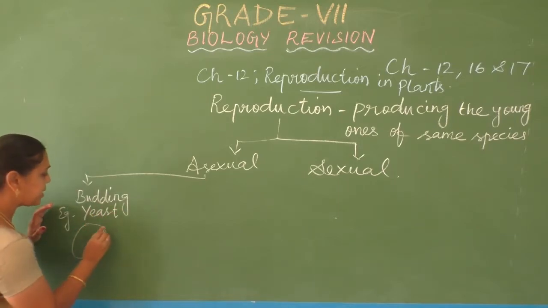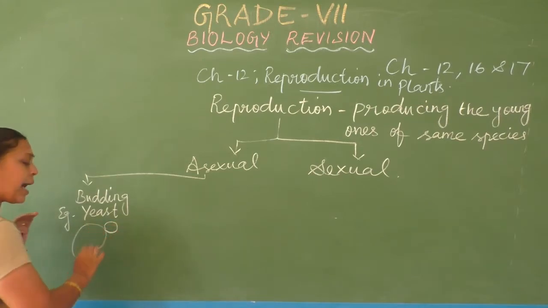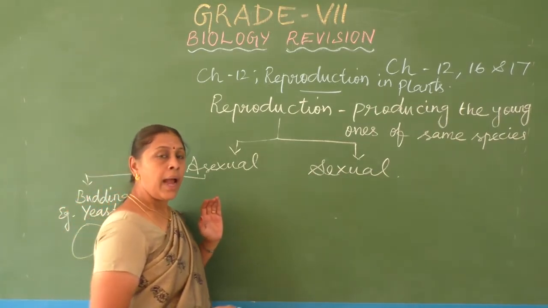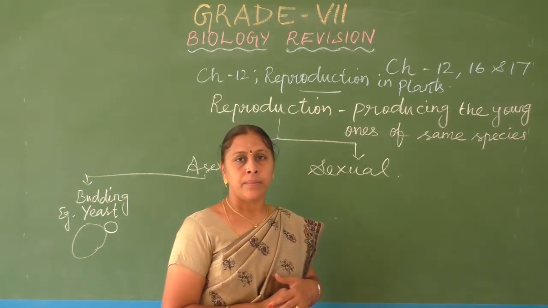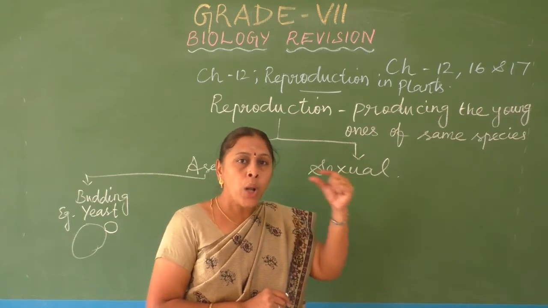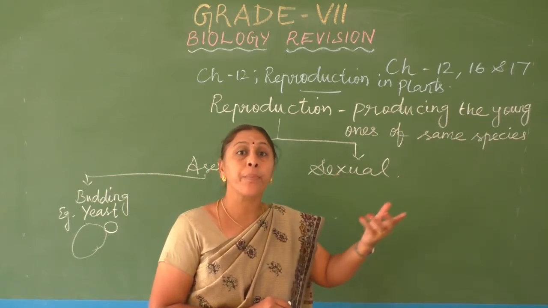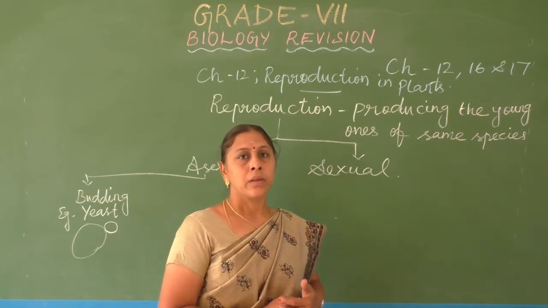If this is the yeast, within this a bud-like structure will arise, and that will start to grow as a new individual. So a new individual starting from a small bud of an organism is called budding.